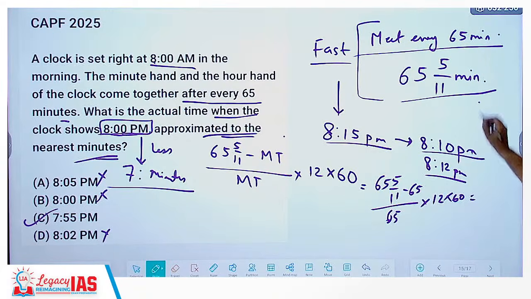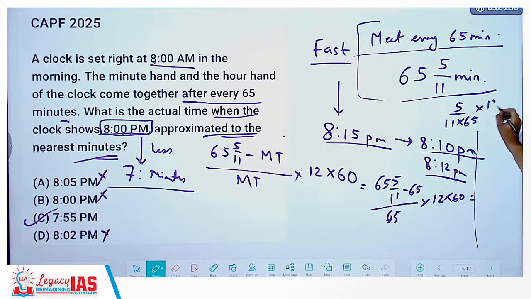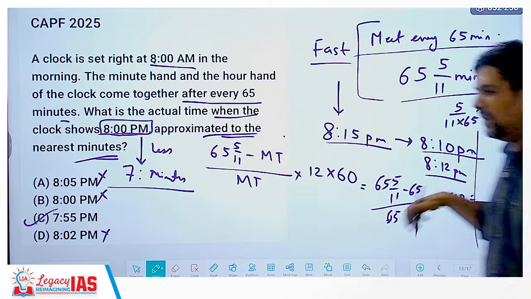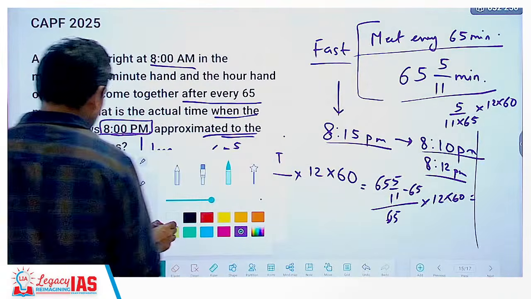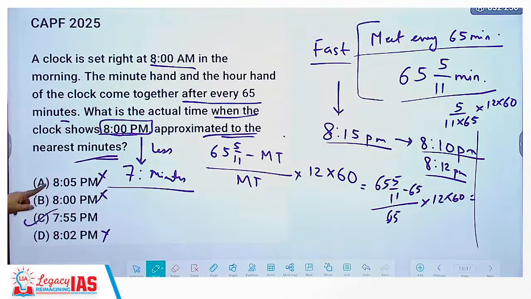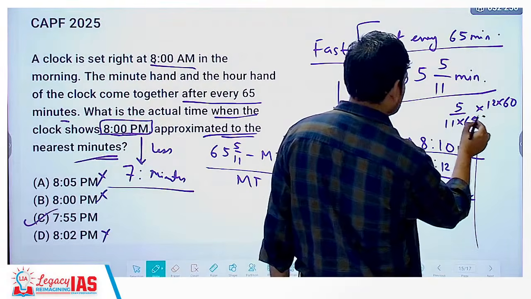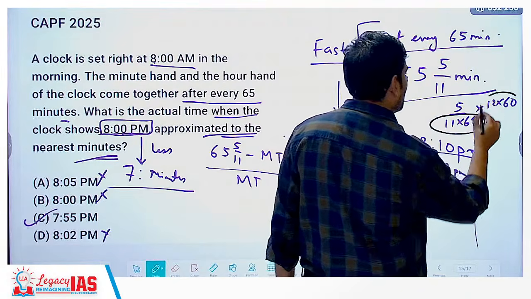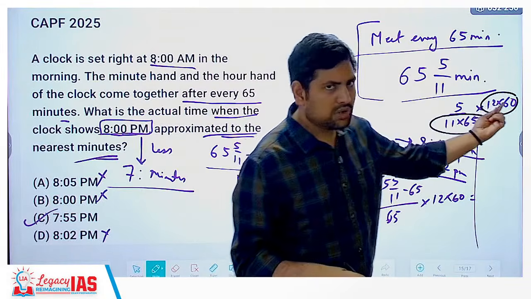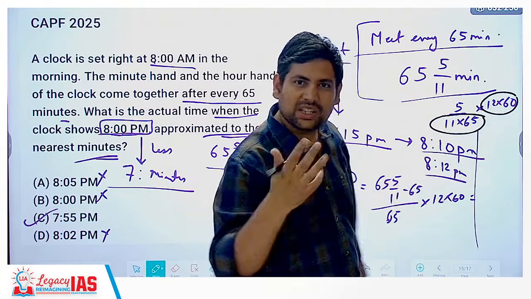5/11 upon 65. So it will become something like this: 5/11 into 65 into 12 into 60. Now again, you should not be calculating it. If you observe, the options are too far apart, at least 5 minutes. So you can simply take the 65 and 60. 65 is more than 60, so approximately they are somewhat equal.